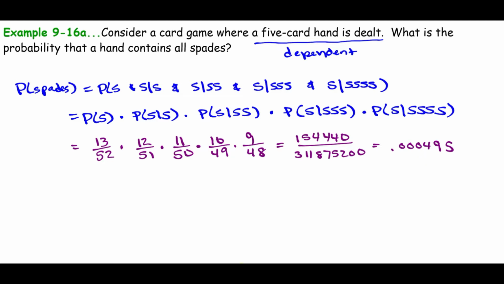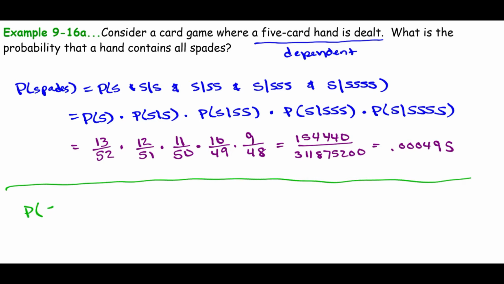Another way that you can look at this when you're dealing with cards, so dependent events, where order does not matter, then we can do this using combinations. So the probability of 5 spades could be calculated this way. There are 13 spades in the deck. We're going to choose 5 of those, and that's what we want to happen.